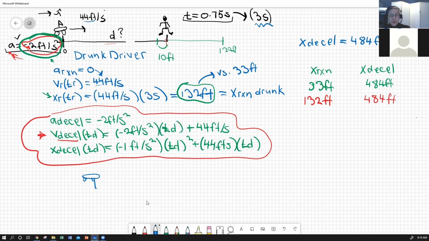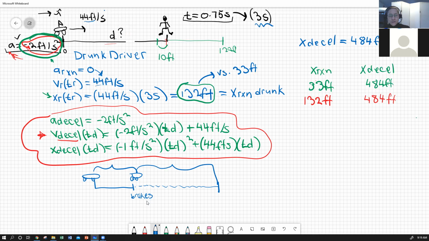The car is going along and it goes a certain distance before you hit the brakes. Brakes hit. And then it continues to travel while it's slowing down. We've got a different equation of motion that applies during this period than during this.